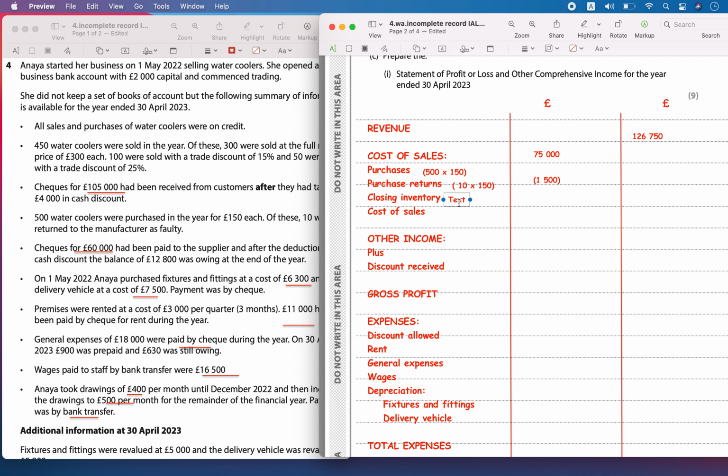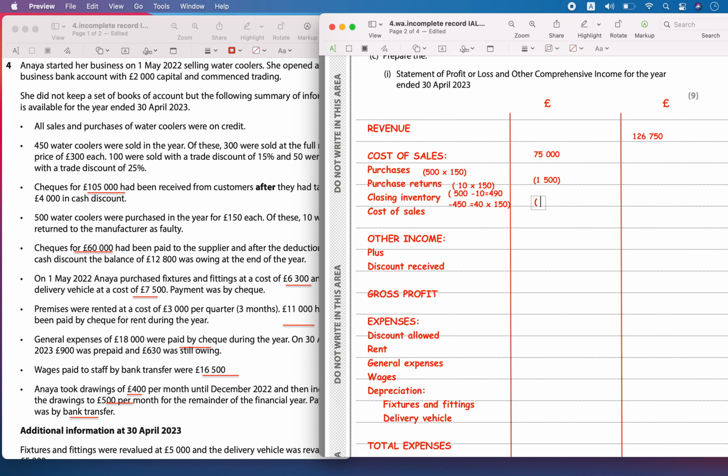Now let's find the value of the closing inventory that's left with the business. We can see that they purchased a total of 500 units, 10 were returned, so that is equal to 490 units. Out of that they sold 450 units. So that is equal to 40 units left, and these will be at the purchasing price. So 40 times 150 will be the closing value of inventory.